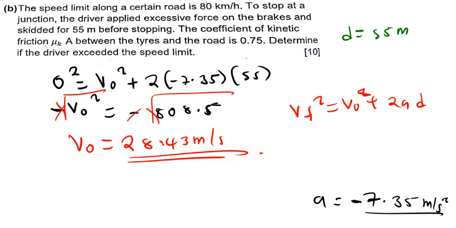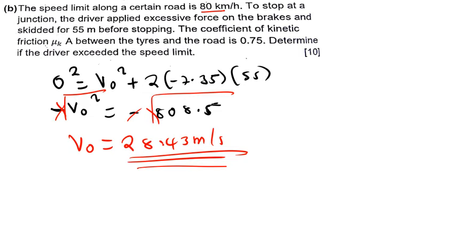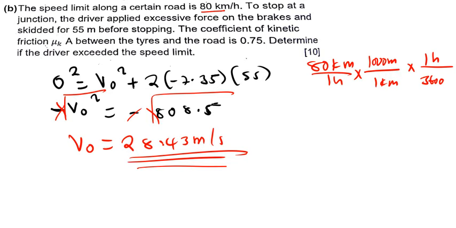in meters, and that is in kilometers. So you choose either to change this to meters per second or to change that to kilometers per second. Which one will be easy for us? Change the kilometer to seconds. Okay, let's change 80 kilometers per 1 hour. In 1 kilometer I've got 1,000 meters. In 1 hour I've got 3,600 seconds.